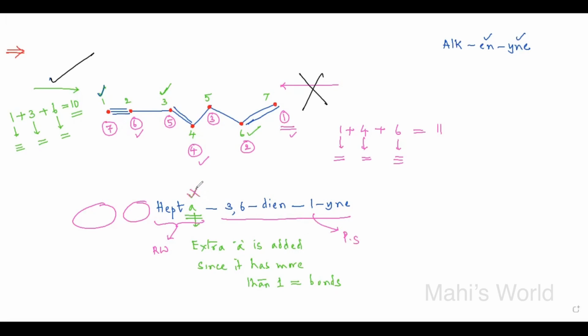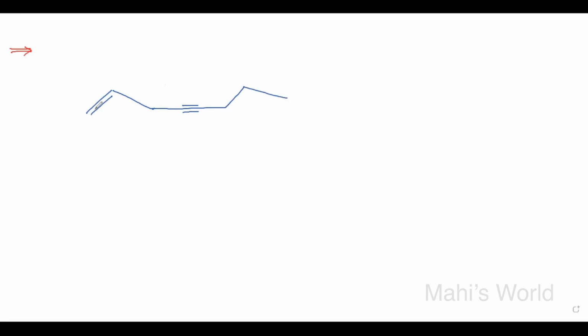Interesting is this extra a, which is added because there are 2 double bonds. One after the third carbon, another also after sixth one. One after the third, the second one after sixth. Now, this is very interesting. Let us first see the carbons.